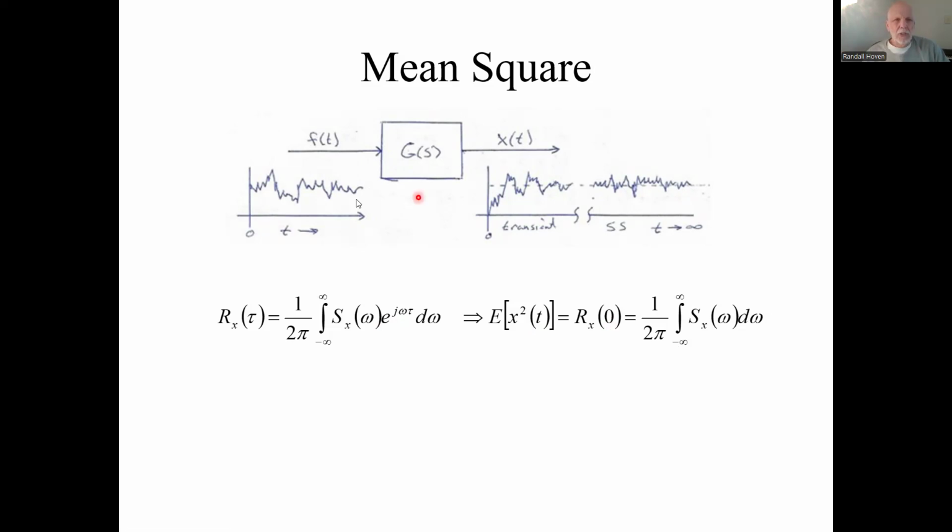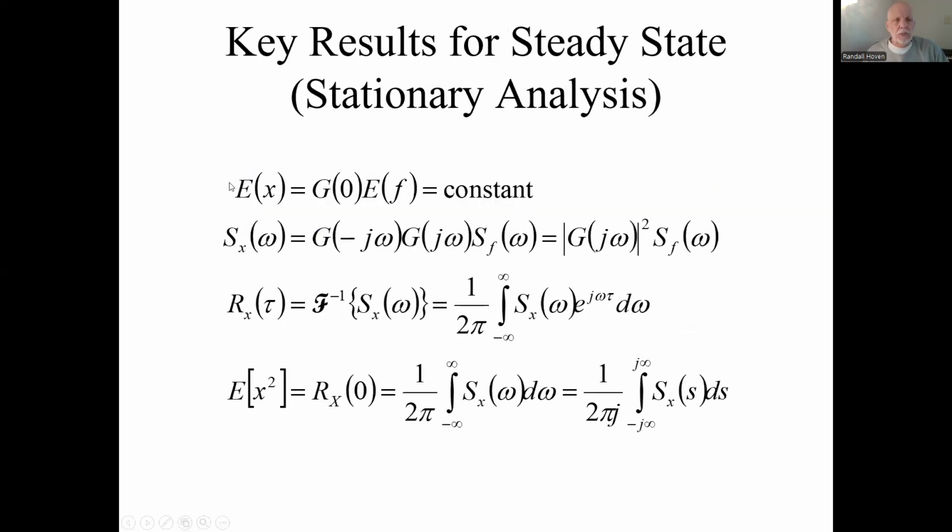This picture is just trying to show the input is wide sense stationary. The output is only wide sense stationary in steady state. It's going to have a transient phase, not necessarily wide sense stationary. So here's a summary of those key relationships.